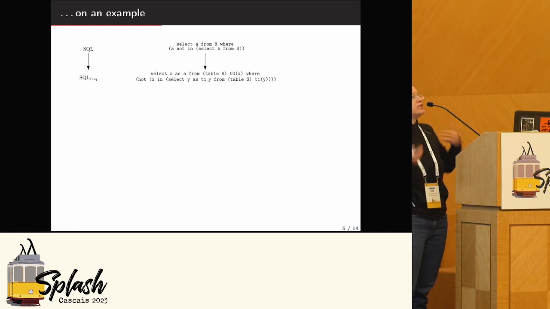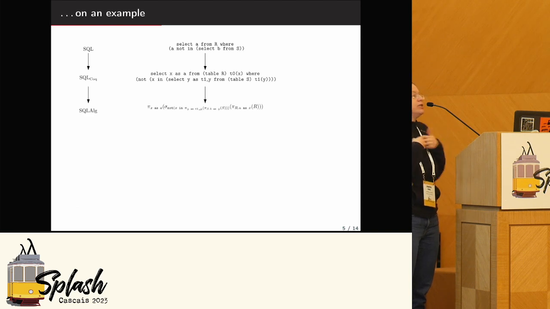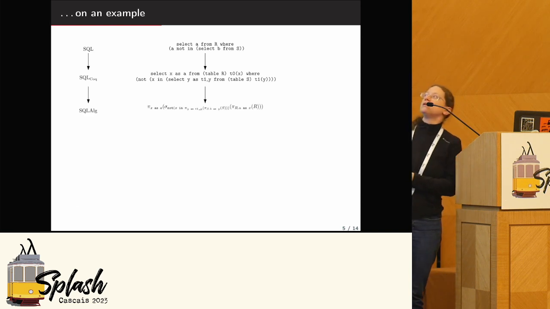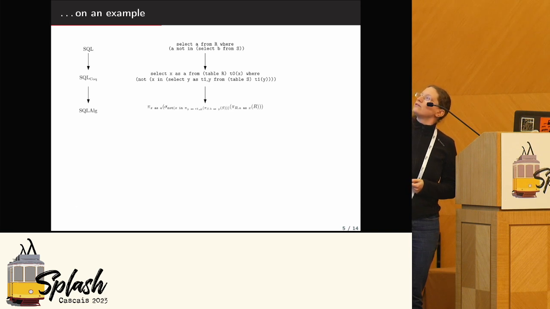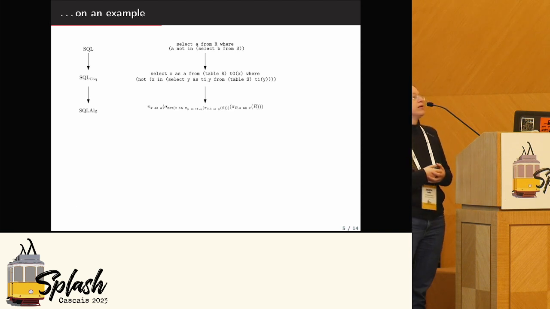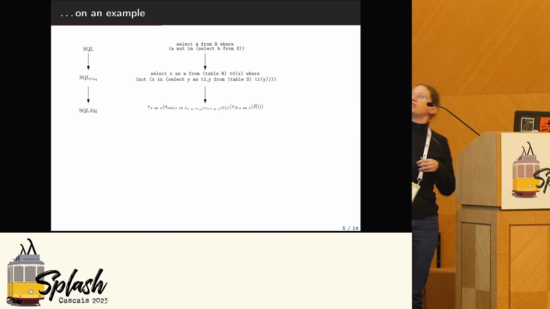The next step is quite standard. It's going to relational algebra. So in this query, for instance, the internal from table R, T0 X, is going to be this pi in the middle, and so on. The where clause is going to be a selection, and we have the top projection corresponding to this select.